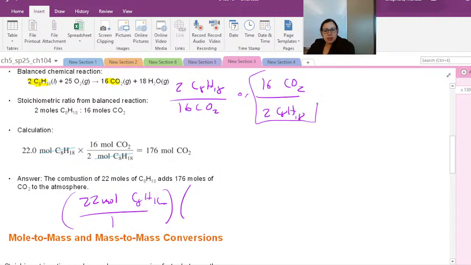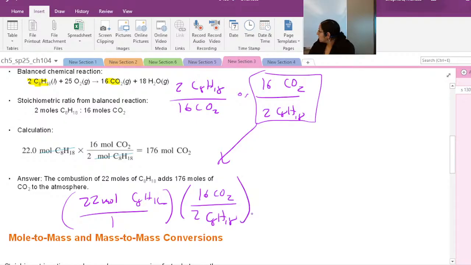So I'm picking this conversion factor to plug in: 16 CO2 on top, 2 octane on the bottom. Octane cancels, and we're left with our math here: 176 moles of CO2. Did we all get that?